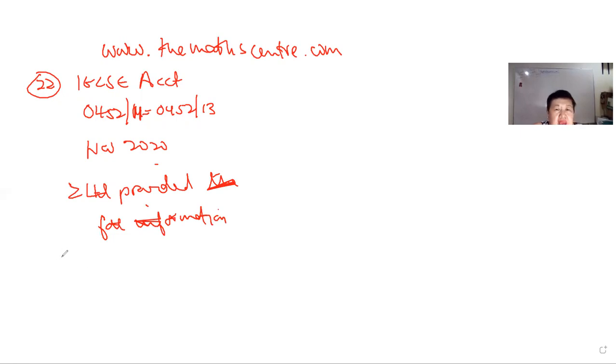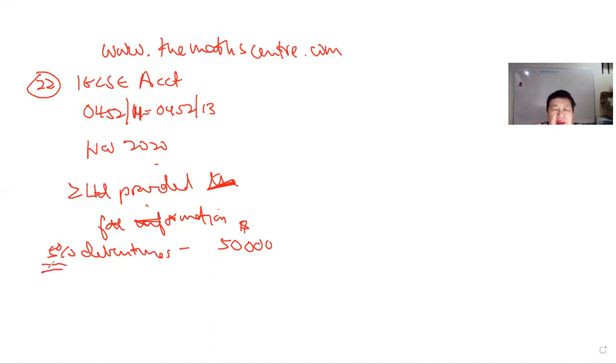It says we have been provided the following information: 5% debentures. Now, what is a debenture? A debenture is a form of what we call loan stock. It is like a special stock that is issued by a company in order to raise money. They pay a fixed interest.